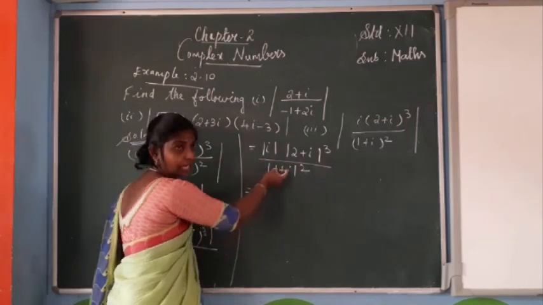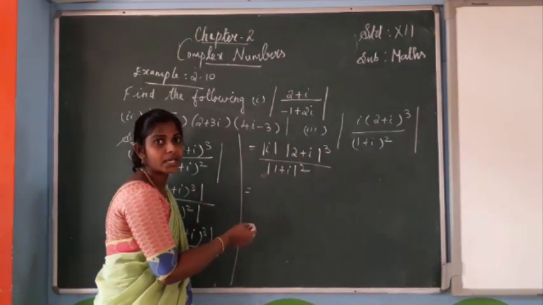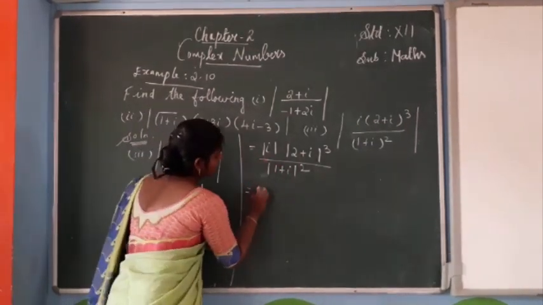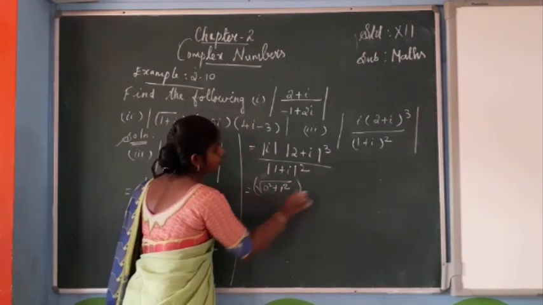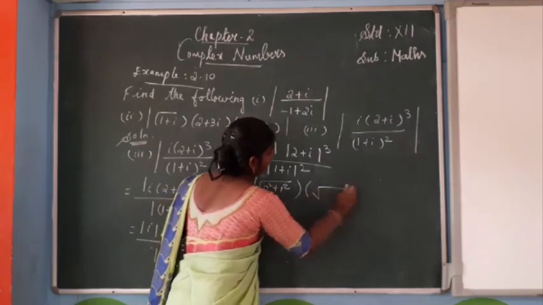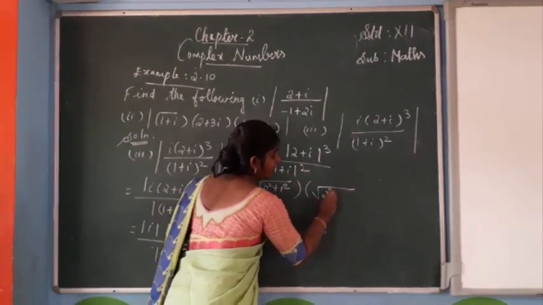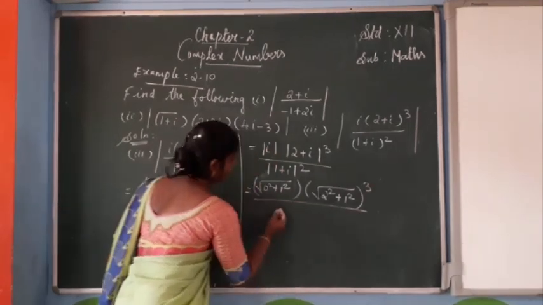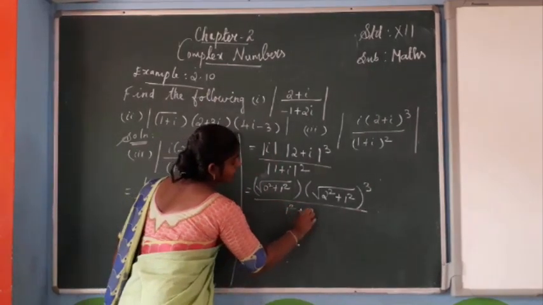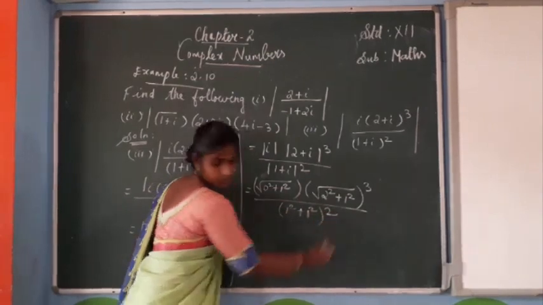For this we can use the formula root of x square plus y square. So root of 0 square plus 1 square, into root of 2 square plus 1 square the whole cube, divided by root of 1 square plus 1 square the whole square.